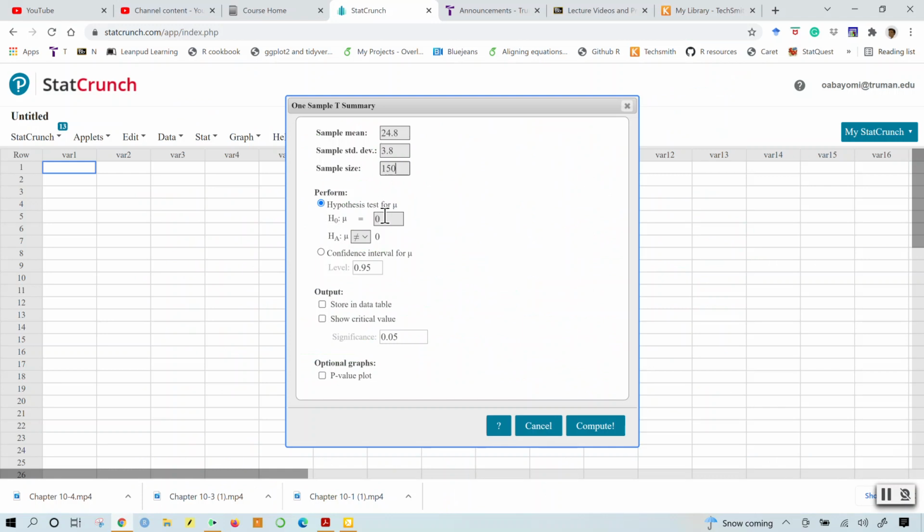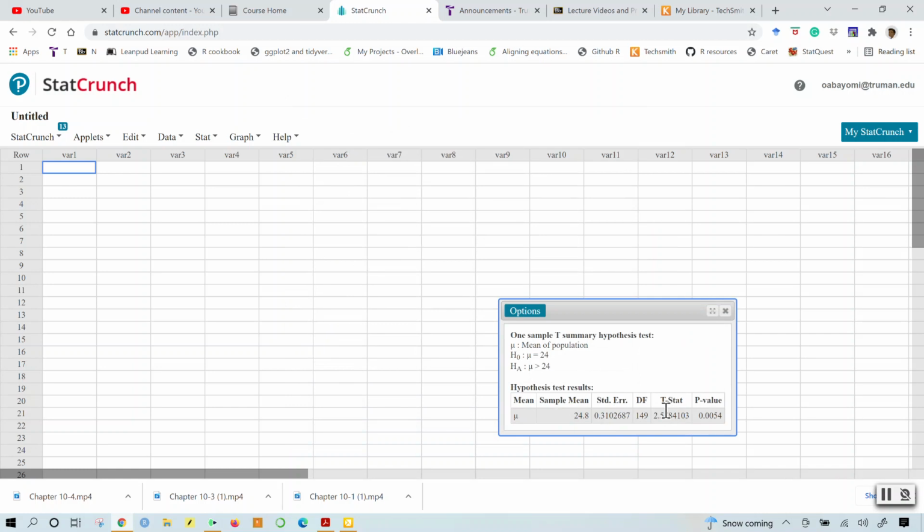So I will set this to 24, and then this is greater than 24. And I will compute. So I have my calculated test statistic here, which is 2.5784.